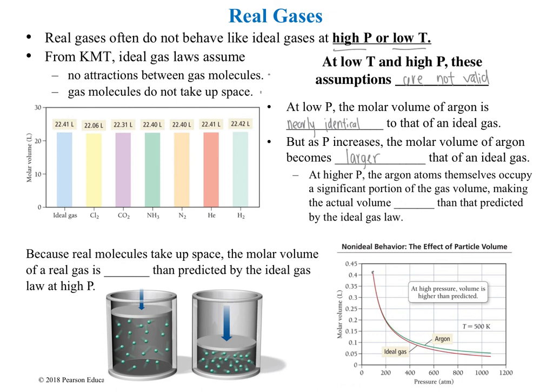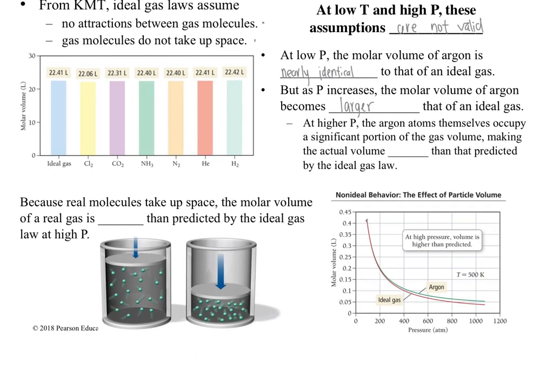Well, think about argon. Argon atoms do actually take up space, right? When the pressure is really low, the space between the argon molecules is larger. When we increase the pressure, the molecules get closer and closer together, and now they start to actually take up space.